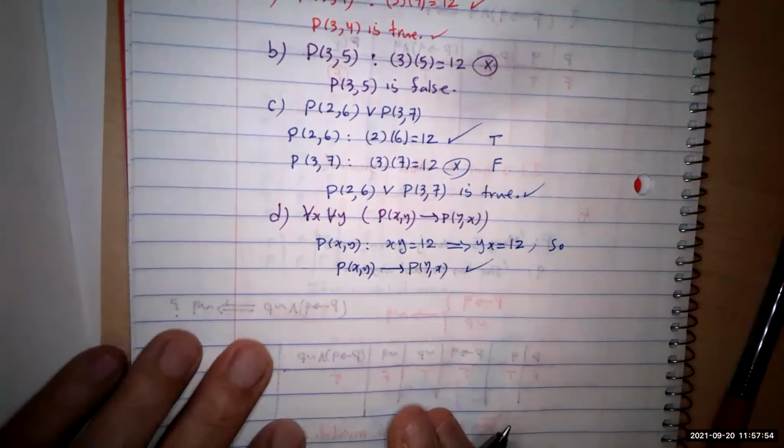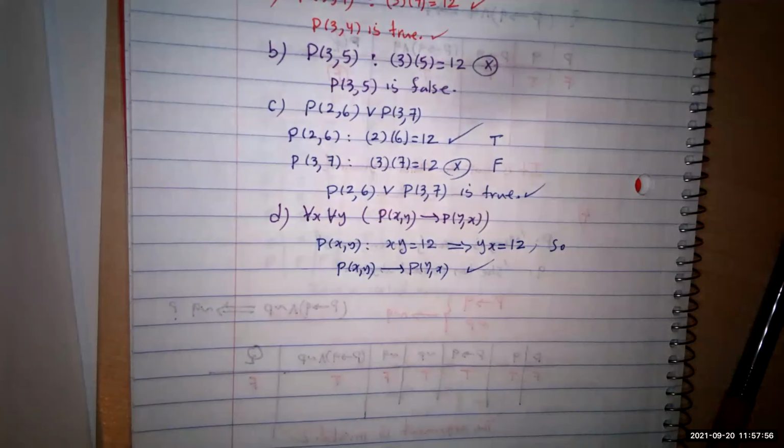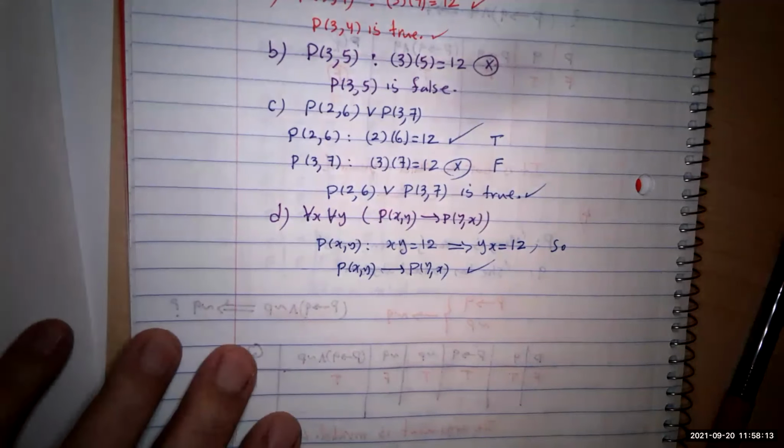So this statement is going to be true: for all X and Y, PXY implies PYX. Okay, any question? So that's part D.